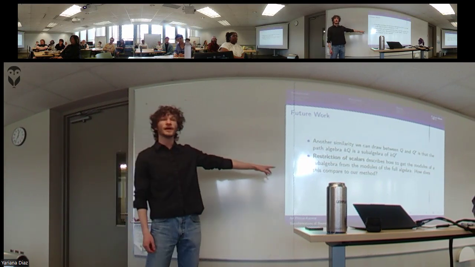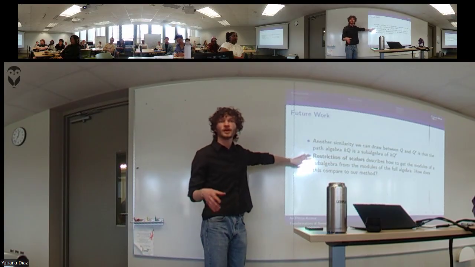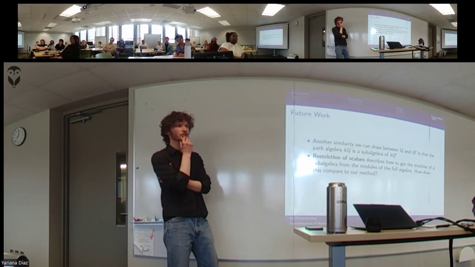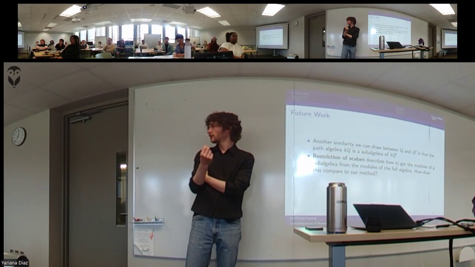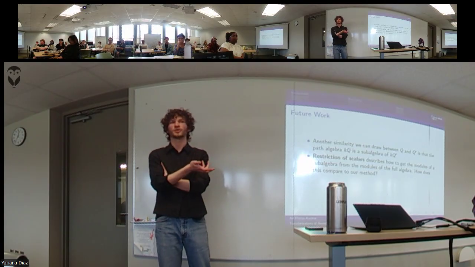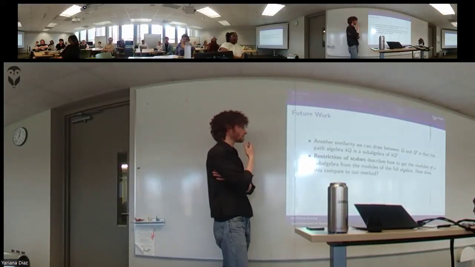And we actually do have a pretty good method for describing the modules of a subalgebra from the modules of the full algebra. But it's very abstract, and it's hard to describe precisely what it does in a specific case. And so something we're interested in looking at is how this compares to this other method that we call restriction of scalars. Are they identical? Does one of them do in some way better than the other? Does one of them do worse than the other? And so on.